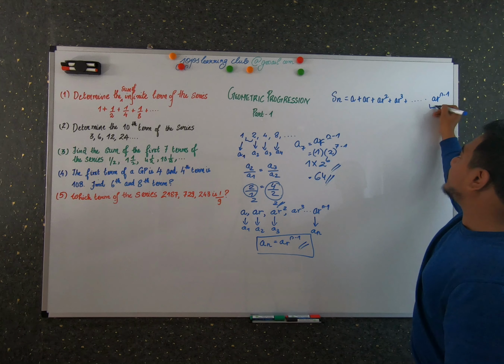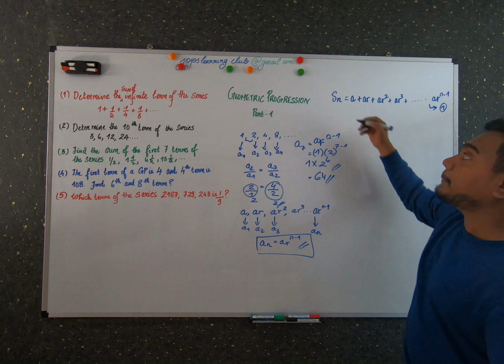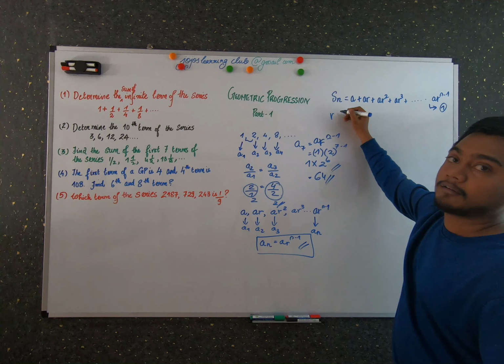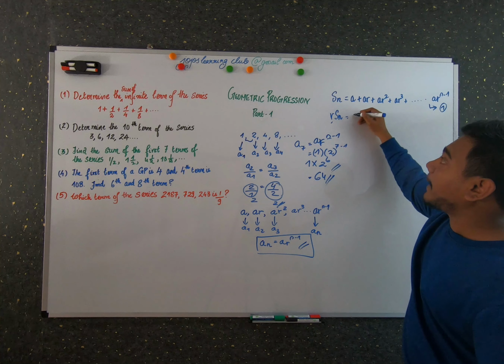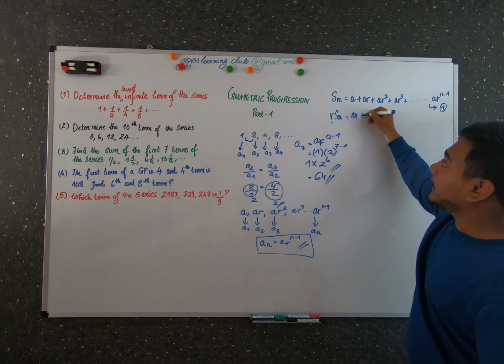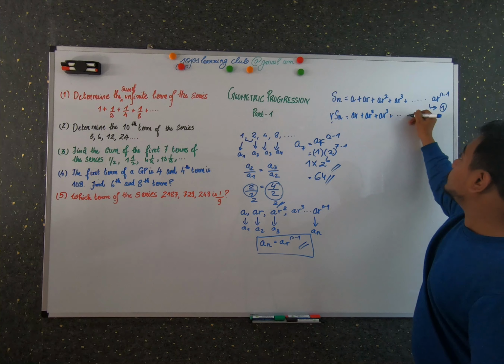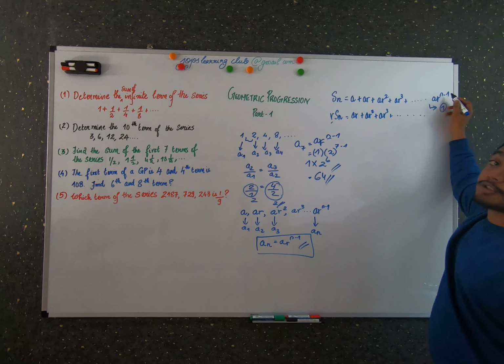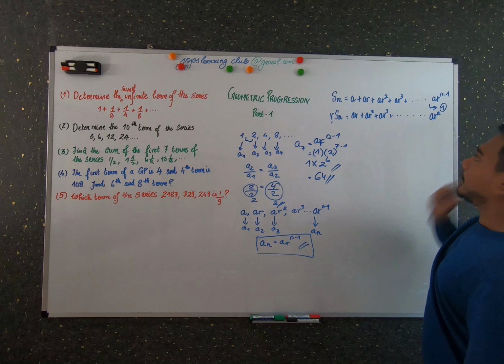Let's number this equation as 1. In the second equation I'm going to multiply all the terms by R, that is the common ratio. So it becomes AR square, AR cube and so on. The last term would be AR raised to n minus 1 into R, so it will become AR raised to n.